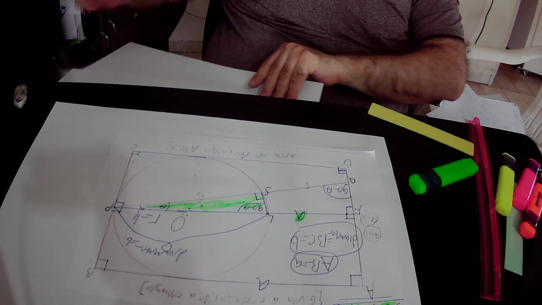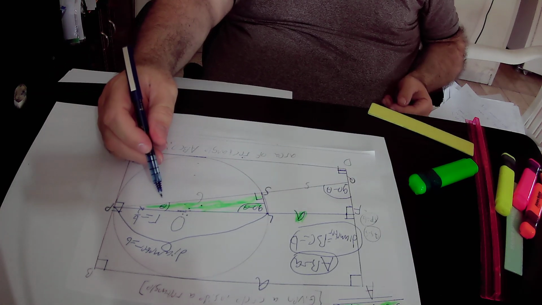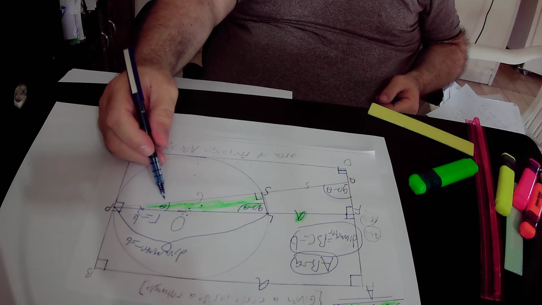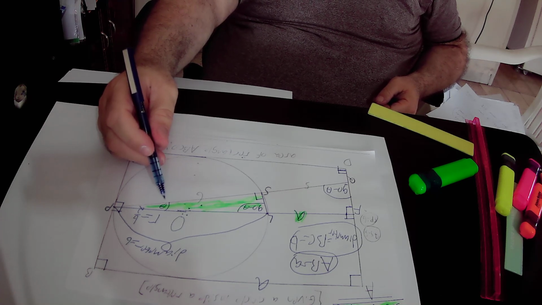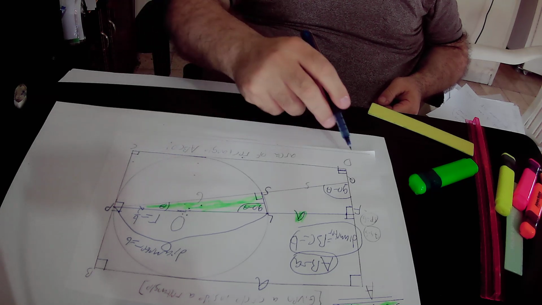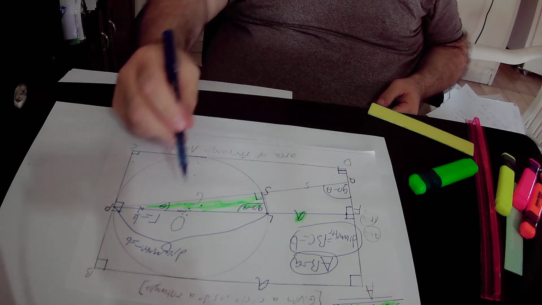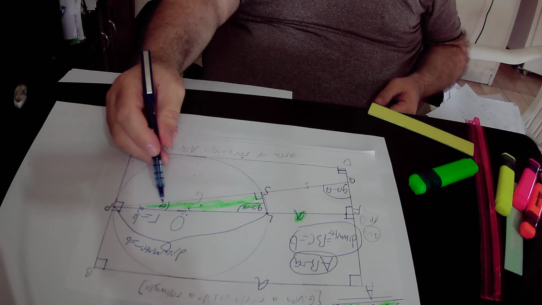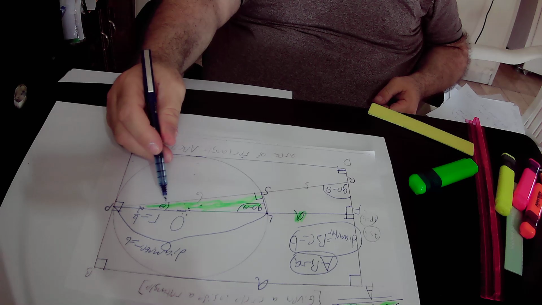And finally, this angle that is equal to theta is a common angle that belongs to both triangles. We can call this angle theta two different names.